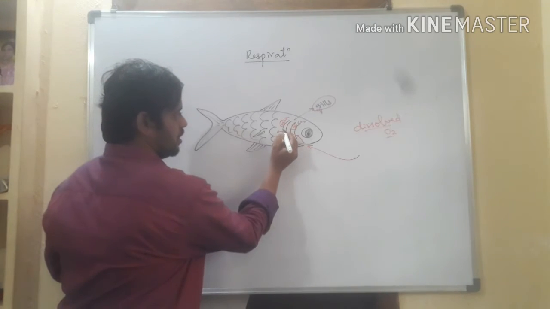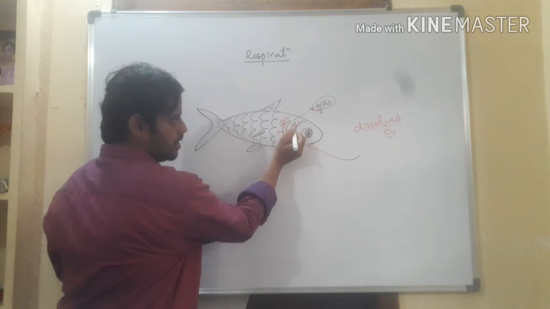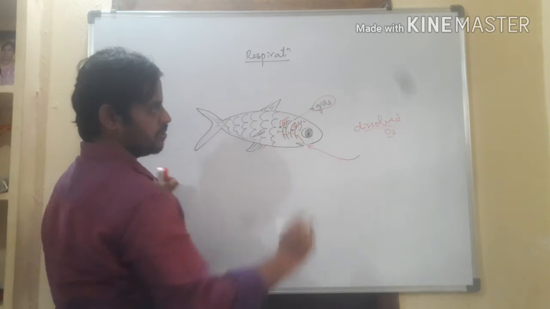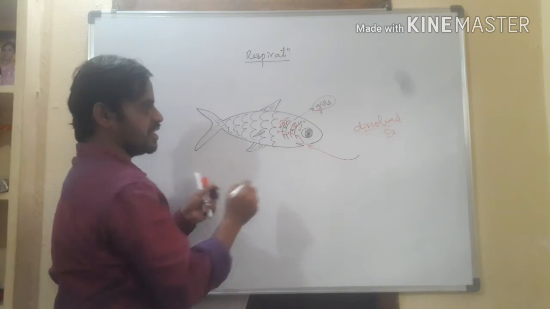Whatever oxygen is present in the water is taken up by the hemoglobin, and carbon dioxide is thrown into the water. Means here gaseous exchange takes place at the gills.